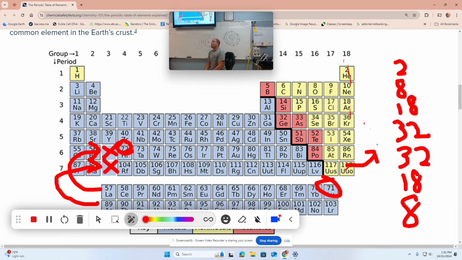And then we can have up to 8 in the valence shell. Okay? But we're into a row now, right? Aren't we in a row that has 18? That 4th row has 18 elements running across. So you'd say, well, I need 18 here. But you can't put them there. It's the outer shell. You can only have up to 8. So let's go ahead and put 8 there.